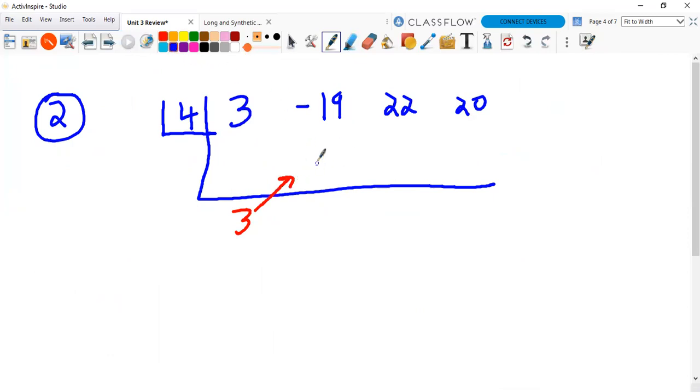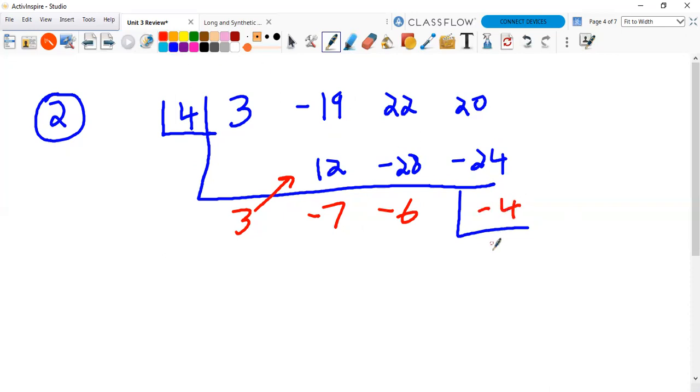Then I bring it over. 3 times 4 is 12, -19 plus 12 is -7, -7 times 4 is -28, 22 minus 28 is -6, -6 times 4 is -24, 20 minus 24 is -4.